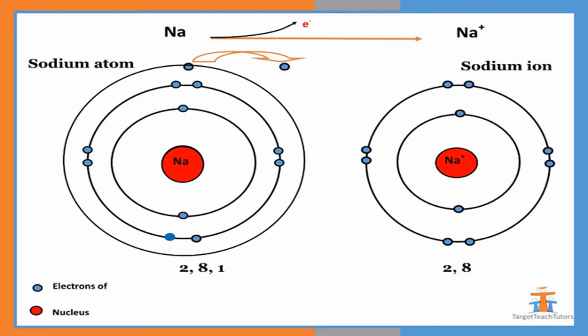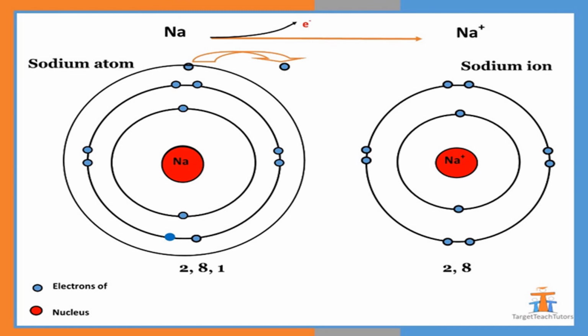Sodium and chlorine are common examples to explain ionic bonding. Sodium is a metal and it is placed in group 1 in the periodic table and it is one of the reactive metals. As with other reactive metals in group 1, sodium has 1 electron in its outer shell. The total number of electrons in a sodium atom is 11. The electronic configuration of sodium is 2,8,1.